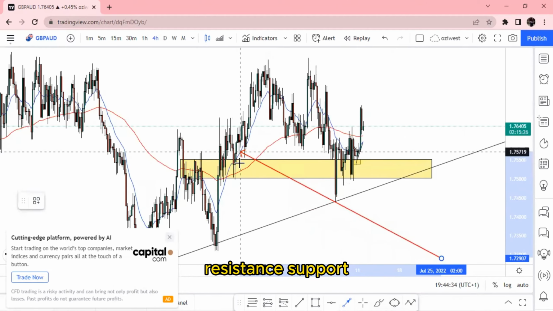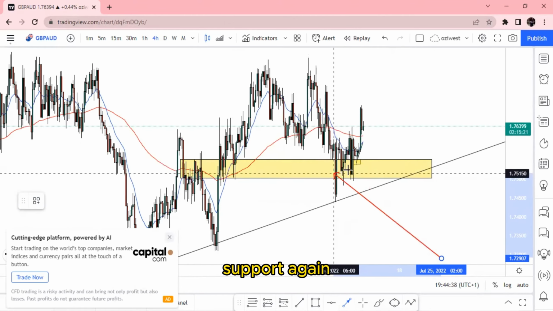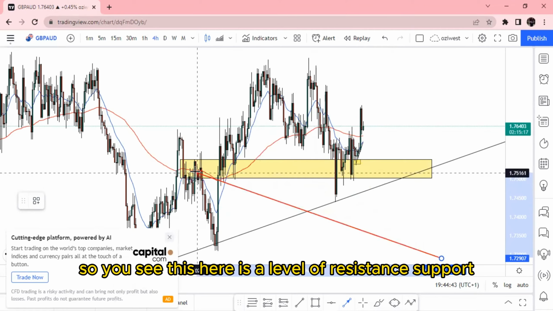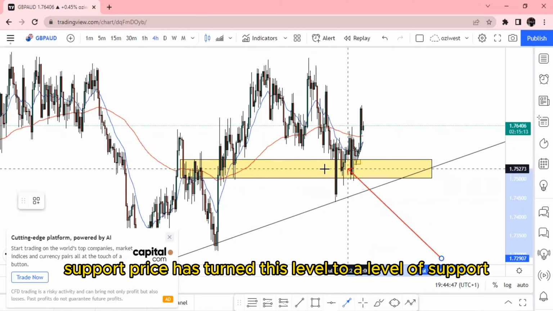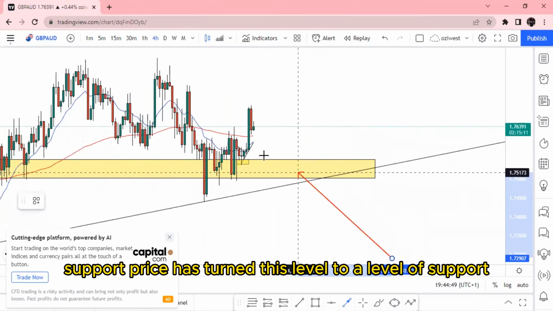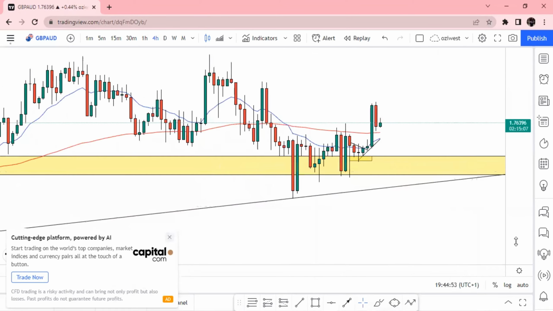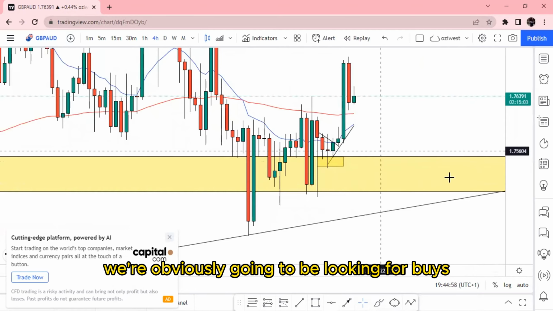Resistance, support again. So you see, this here is a level of resistance turned support. Price has turned this level into a level of support. Seeing that price is rejecting this level, we're obviously going to be looking for buys.